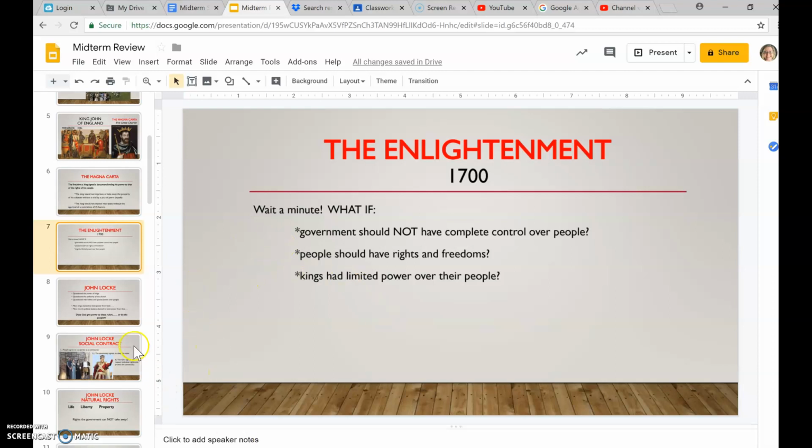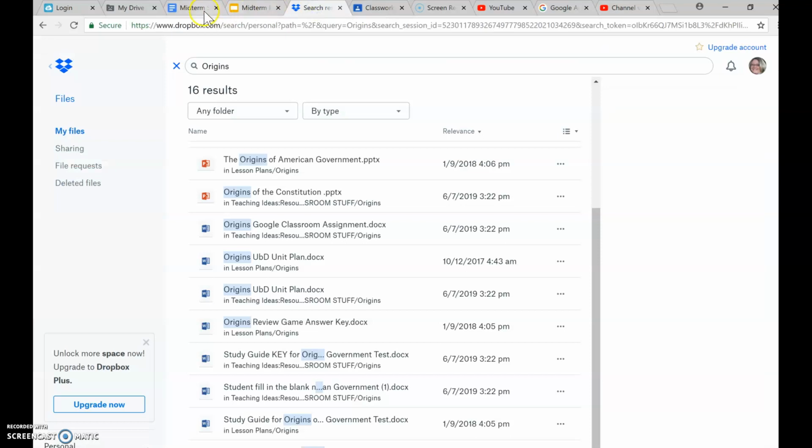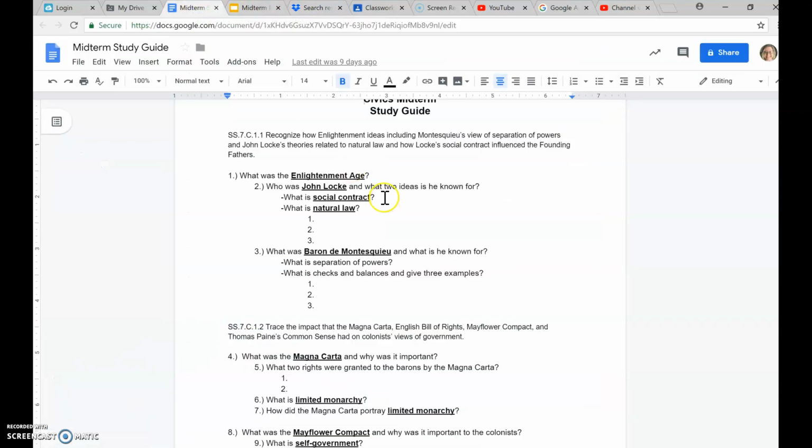So there were two Enlightenment thinkers. Who were they? That's right. One was John Locke. And John Locke came up with two ideas. So right here in your study guide, I keep going to the wrong one. Study guide right here. What was the Enlightenment age?